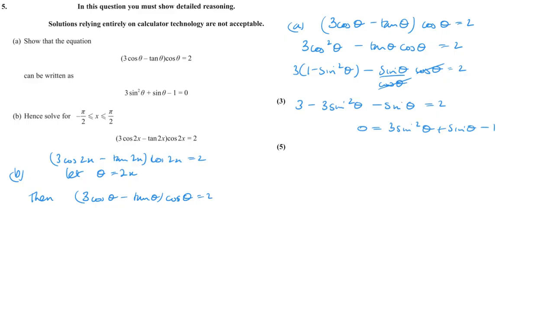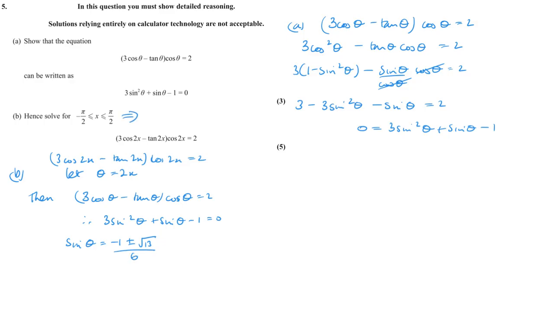Then in terms of theta, therefore 3 sine squared theta plus sine theta minus 1 equals 0. And now we want to factorize this. Okay, so using the formula, sine theta equals minus 1 plus or minus the square root of 13 over 6.